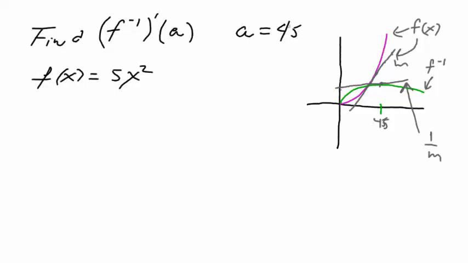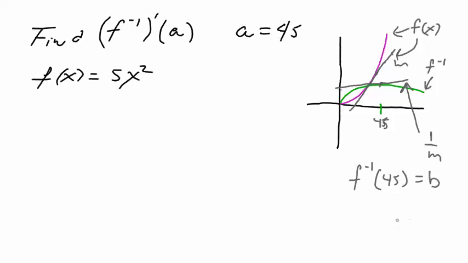Now we're given 45. Something we're going to need to know here is that when we plug 45 into the inverse, we're going to get out something we don't know yet. I think I was labeling that as b in that introductory video.